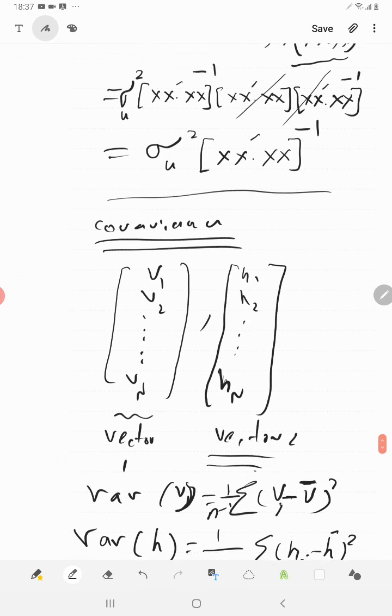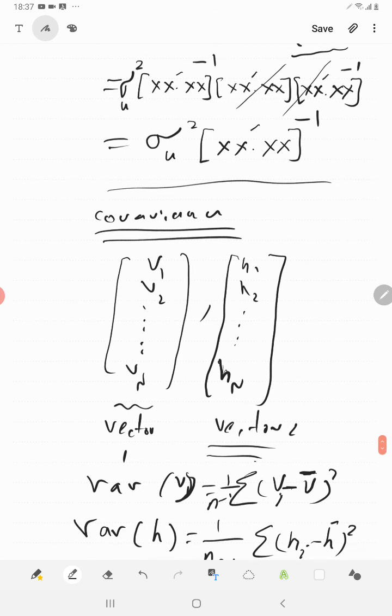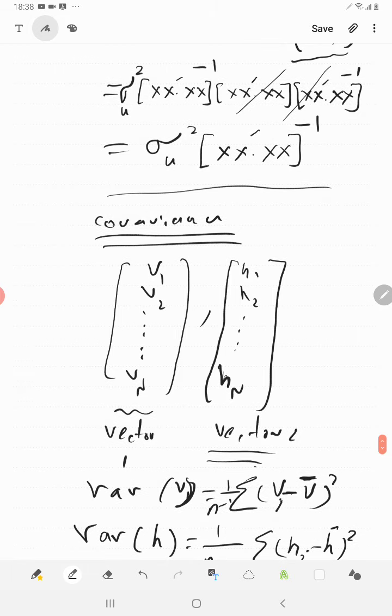You take u1 minus the mean of u1, that's one vector. So this will give you a vector u1, and we'll put it in matrix form.